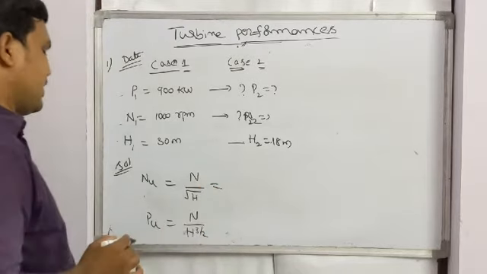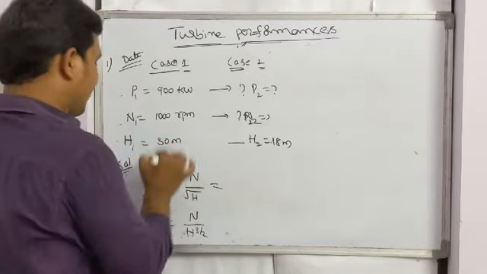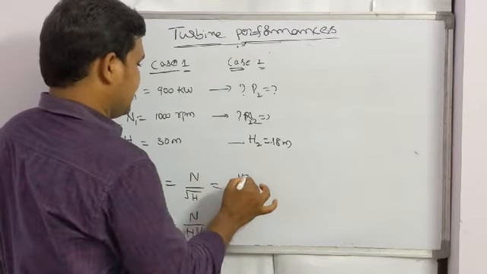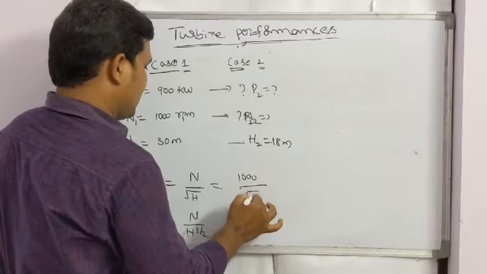Now, using the first case, I am finding the unit speed. N is 1000, and the head available is root 30.